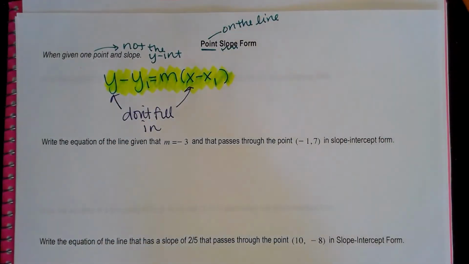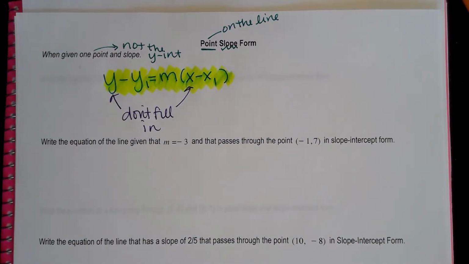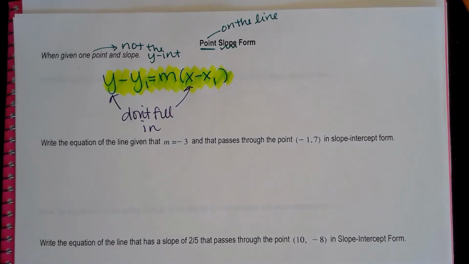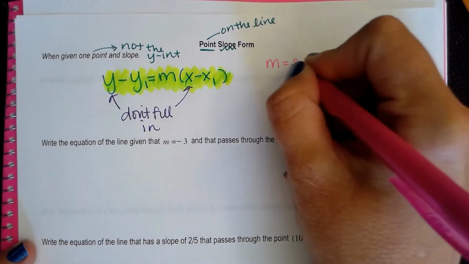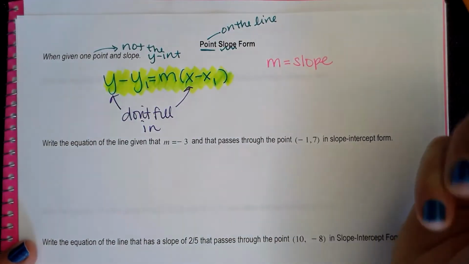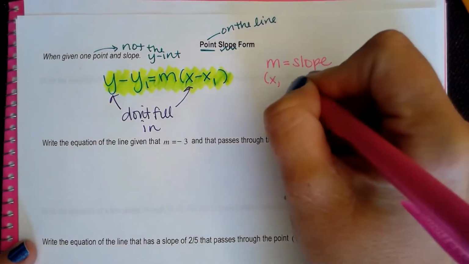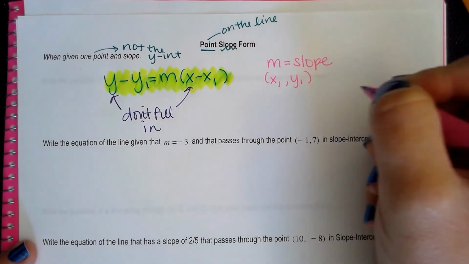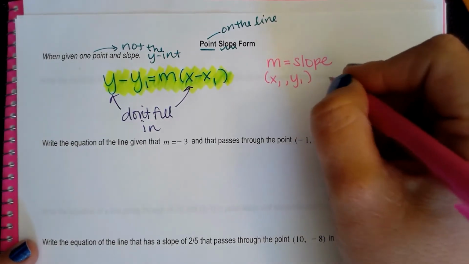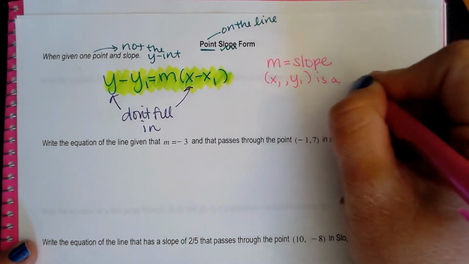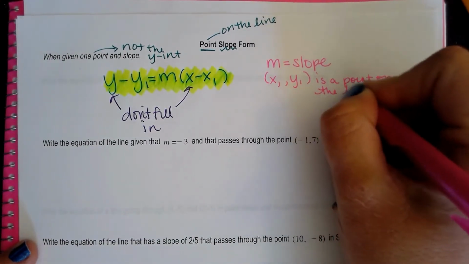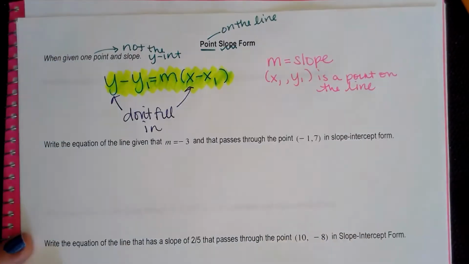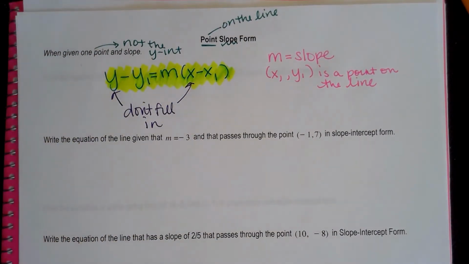Because those are going to represent all the infinite numbers of x's and y's that fall on the line, okay? So we know that m is the slope, okay? And then x1, y1 is going to be a very specific point on the line.